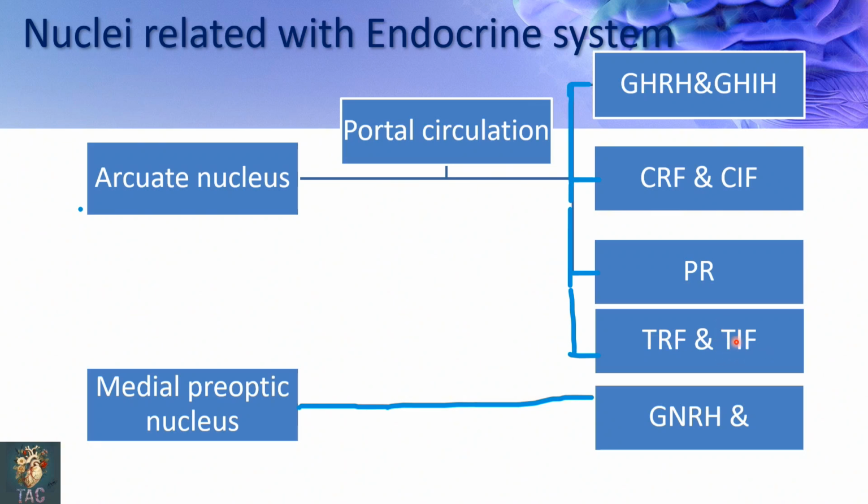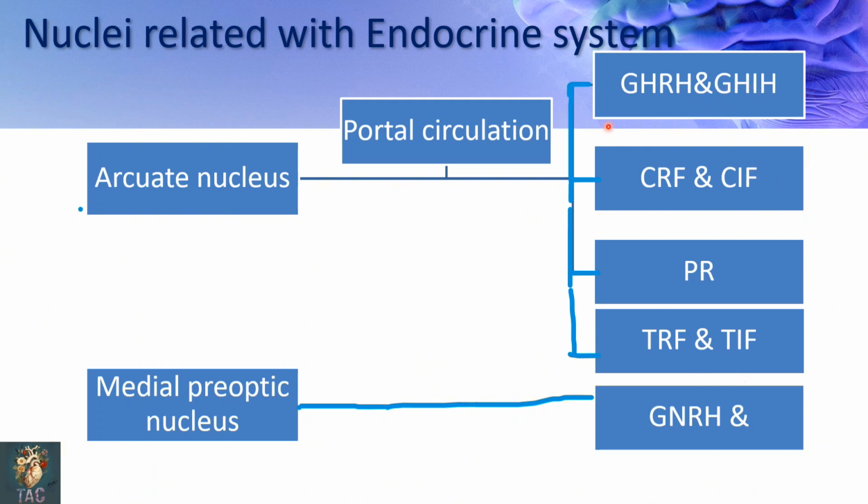Thyrotropin releasing factor stimulates the thyrotropes, and as a result TSH is released. So these four hormones, the GnRH, the CRF, the prolactin releasing factor and the TRF, are the stimulatory hormones, while GHIH, CIF and TIF are inhibitory hormones.